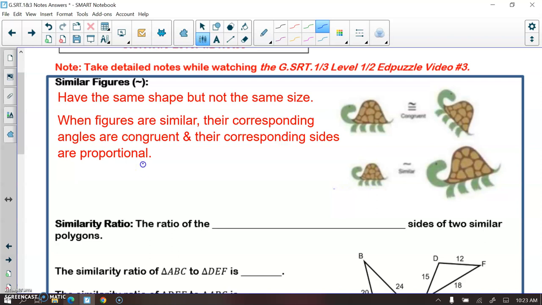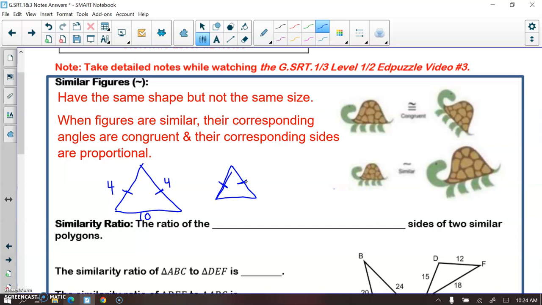So let's say that I had an isosceles triangle with the dimensions, let's say 4, 4, 10. And I dilated that, and my scale factor was 1/2. I'm going to still wind up with an isosceles triangle.